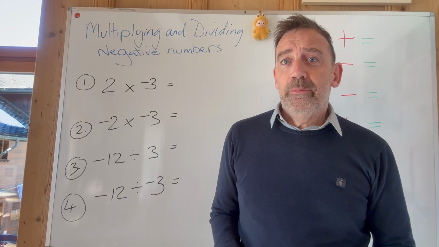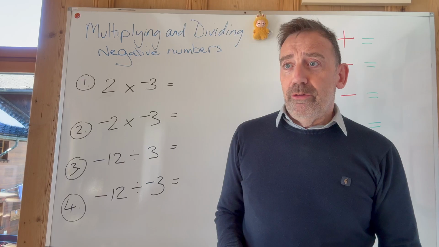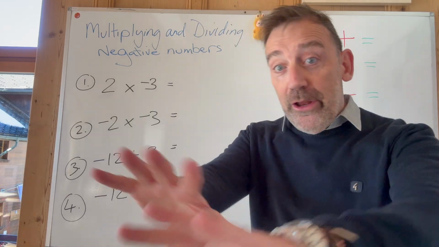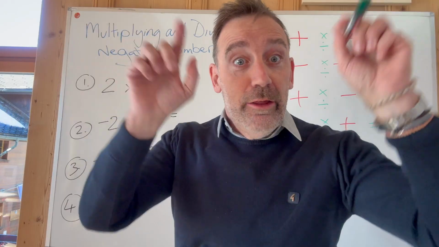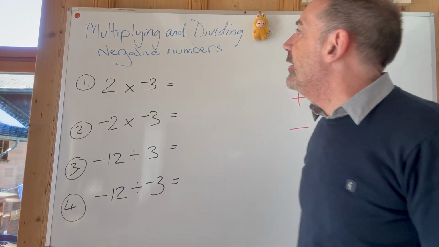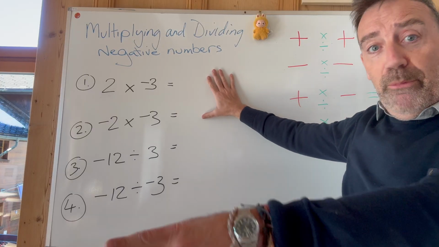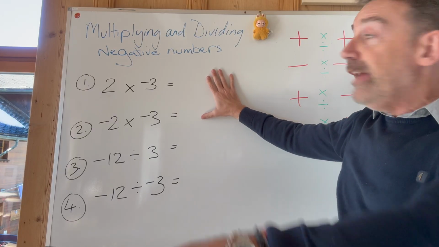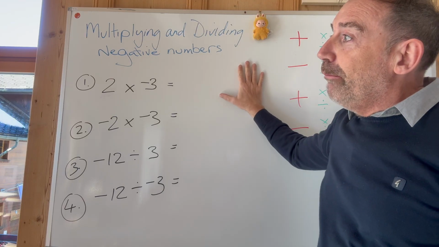Are you ready? This morning, ladies and gentlemen, we are joined by a wonderful Year 7 cohort. You can't see them, but they're out there. They're going to be doing multiplying and dividing negative numbers with the help of Mozart, I believe, and this little character here, a Labubu.